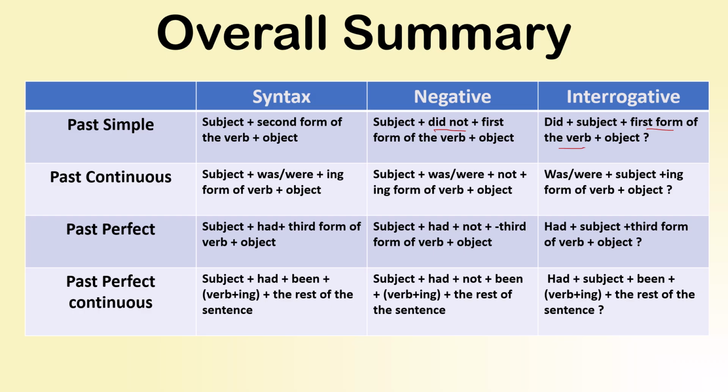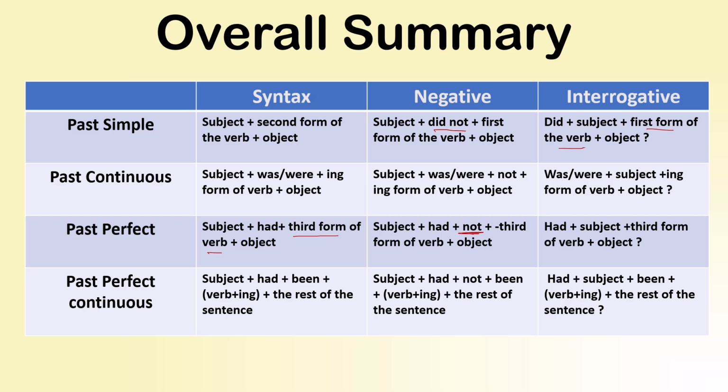Past perfect: subject plus had plus third form of the verb and then the object. Negative of the past perfect: subject, had plus not, then the third form of the verb and then the object. In the interrogative form: had plus subject plus third form of the verb and then the object.